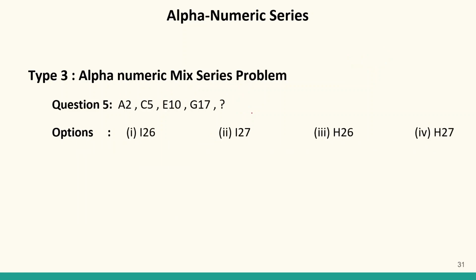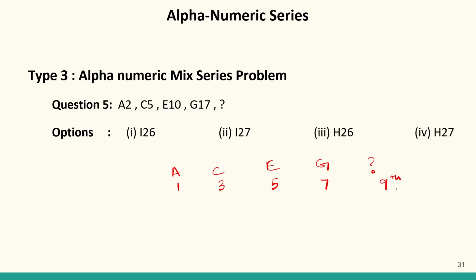Okay. Now this series. Again, let us see the alphabets first. It is A, C, E, G, and then we have to find the next alphabet, right? A is ranked 1, C is ranked 3, E is ranked 5, and G is ranked 7. So automatically, these are all odd numbers increasing.